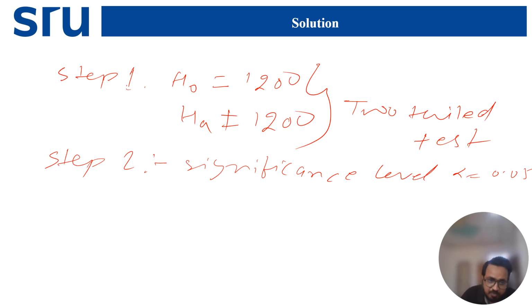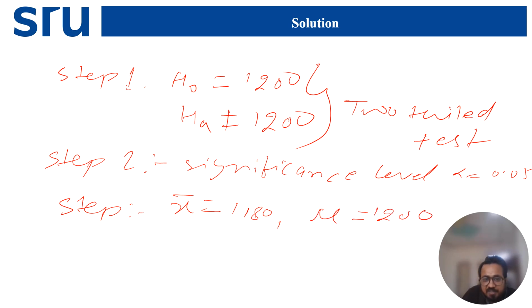Now we will find, in step 3, the Z statistic value. For the Z statistic value, what is given to you? x bar equal to what? 1180. Mu equal to what? 1200, right? This is mu. And what is the value of sigma here?